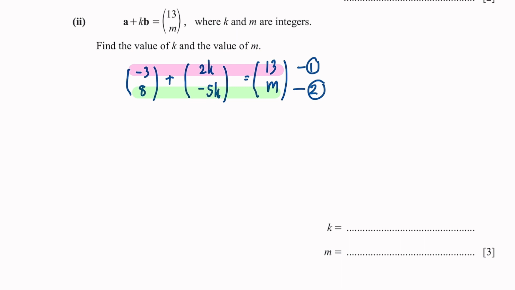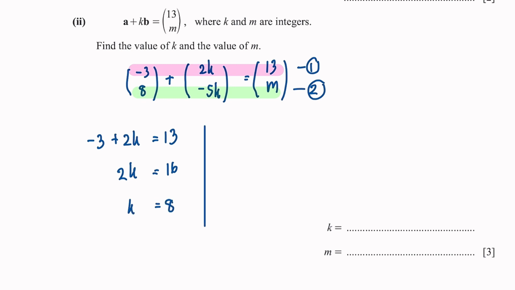For the first one, minus 3 plus 2k is equal to 13. 2k is equal to 16. Therefore, k is equal to 8.